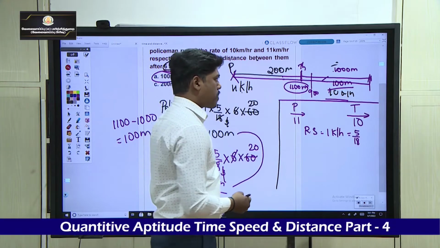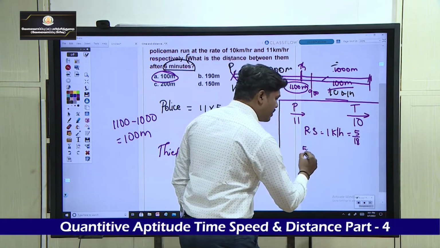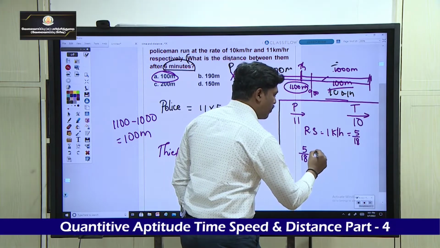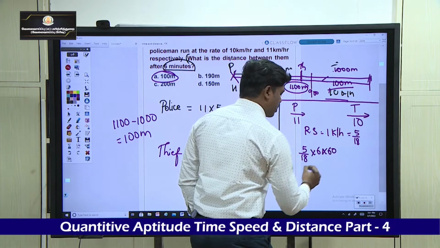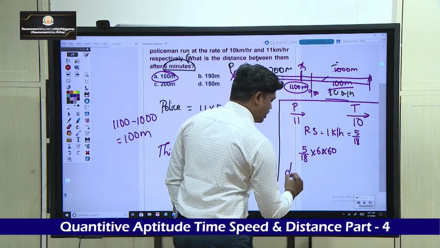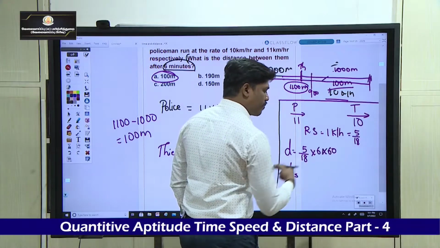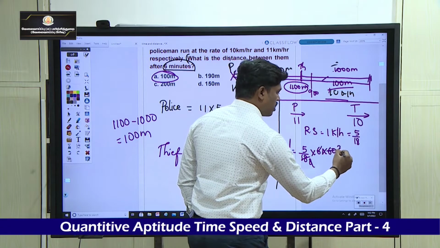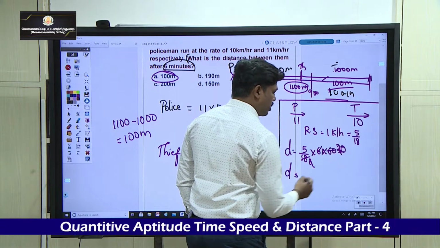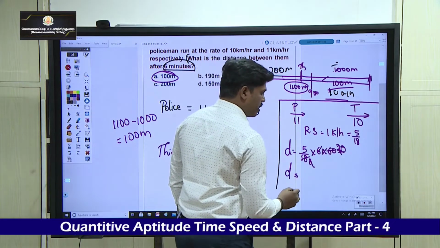After 6 minutes, with this speed they are moving for 6 minutes, converting into seconds. The distance is speed into time. 6 threes are 18, 3 twenties are 60.